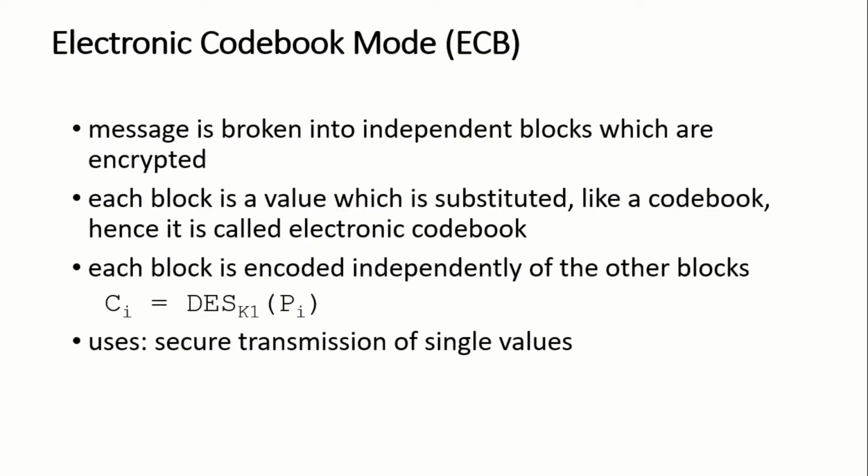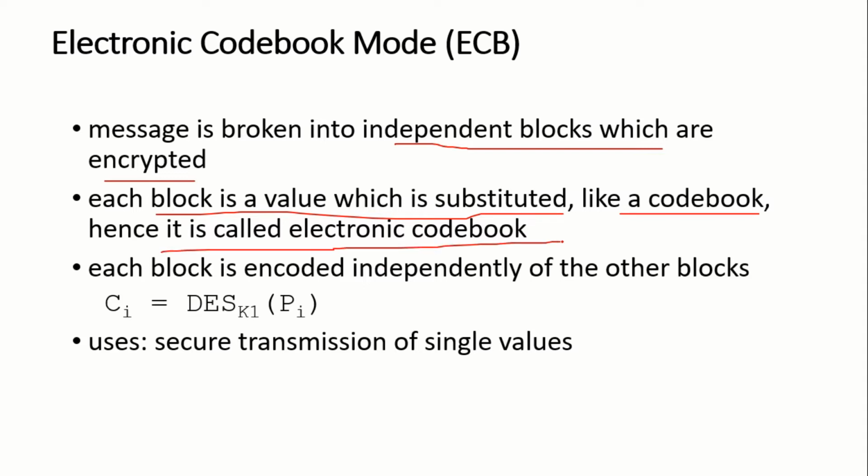The very first one is electronic codebook mode. In this mode of operation, we break the message into independent blocks which are then encrypted. We divide our data into a number of blocks, and each block is encrypted separately, right? Each block is a value which is substituted like a code book. Hence, it is called electronic code book.